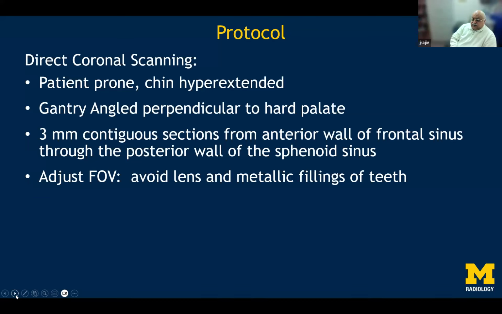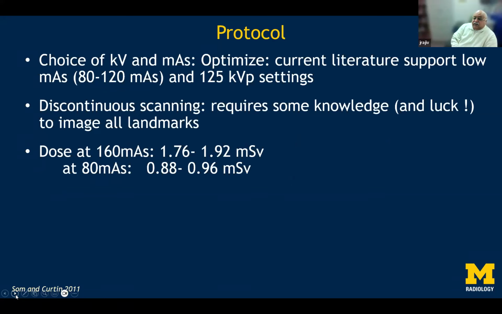And the FOV was adjusted to avoid the lens and metallic teeth fillings. It was kind of a discontinuous scanning, and required some knowledge about the anatomy prior to the imaging, and if we had any luck, we could image all the landmarks. And the dosages were kind of higher than what is now recommended and practiced.